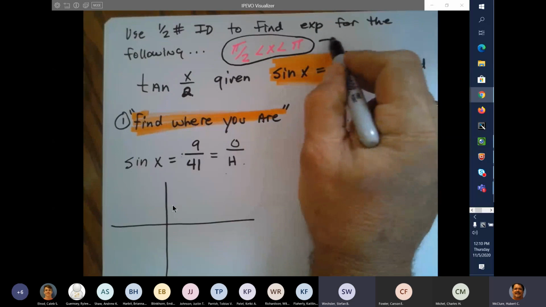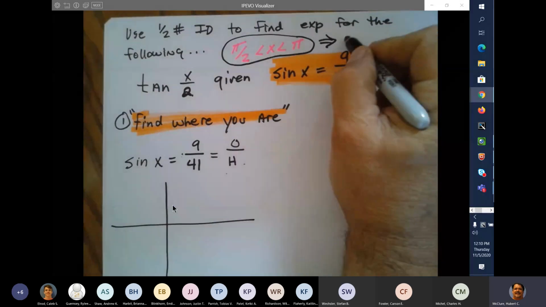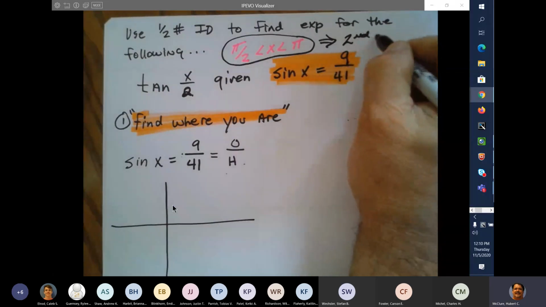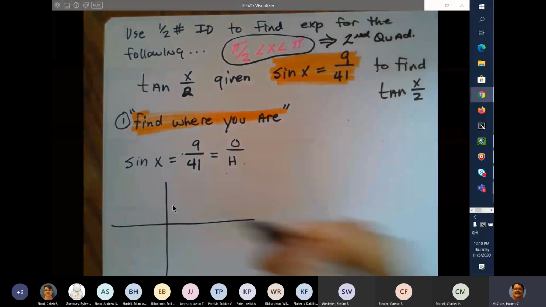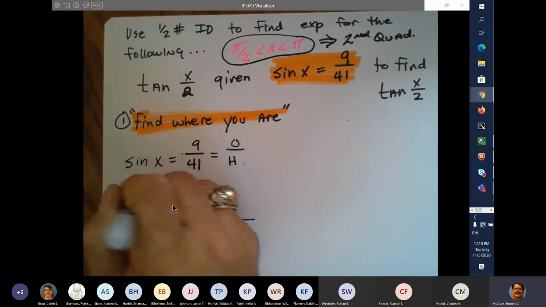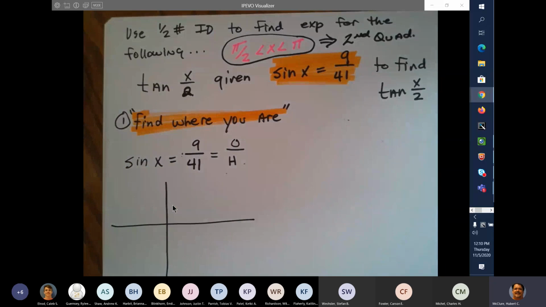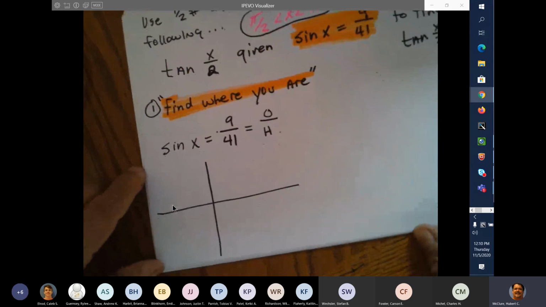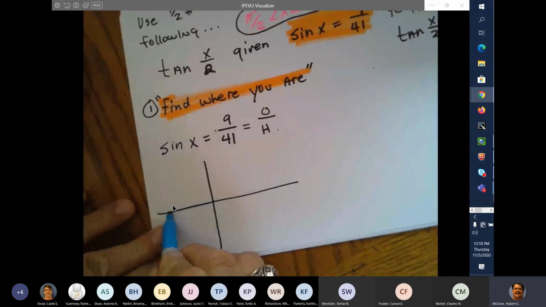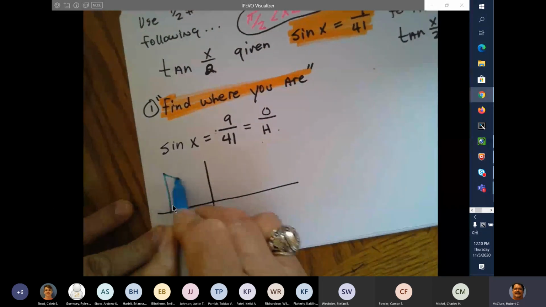The second. Good job. Second quadrant. So therefore we know we're right here. So I'm going to draw a blue triangle over here. And that blue triangle is going to be in the second quadrant.